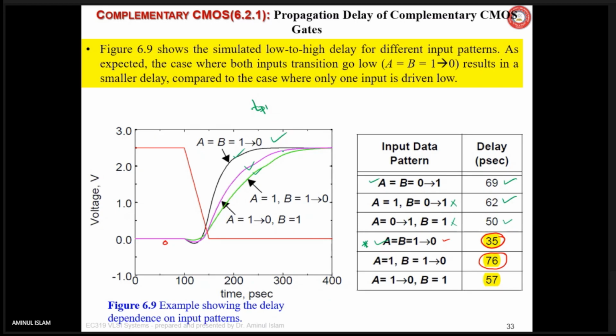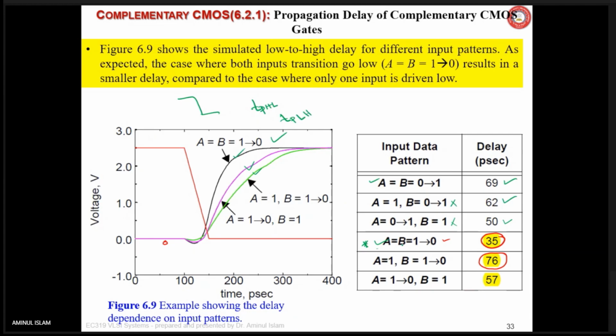Output, we write TPHL, meaning output making a transition from high to low. Is it going to happen for this input pattern? Sir, it is TPLH. Yes, TPLH. First of all, you understand this notation very nicely.